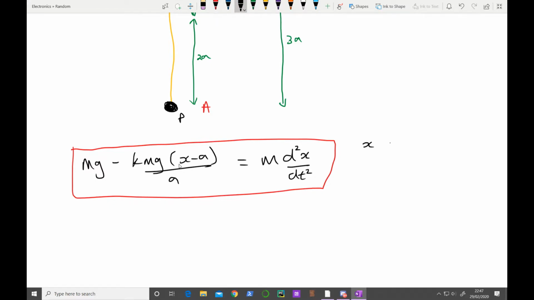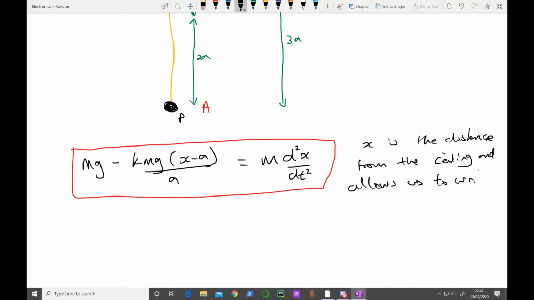So x is the distance from the ceiling. This allows us to write the extension as a function.